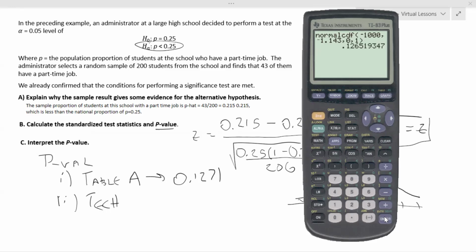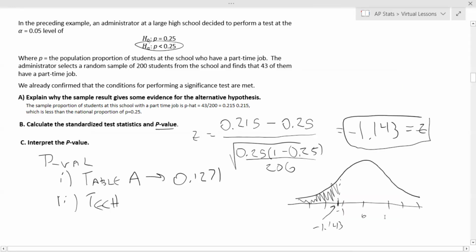Okay, close that off, and you get 0.1265. So either one of these would be acceptable for the p-value.